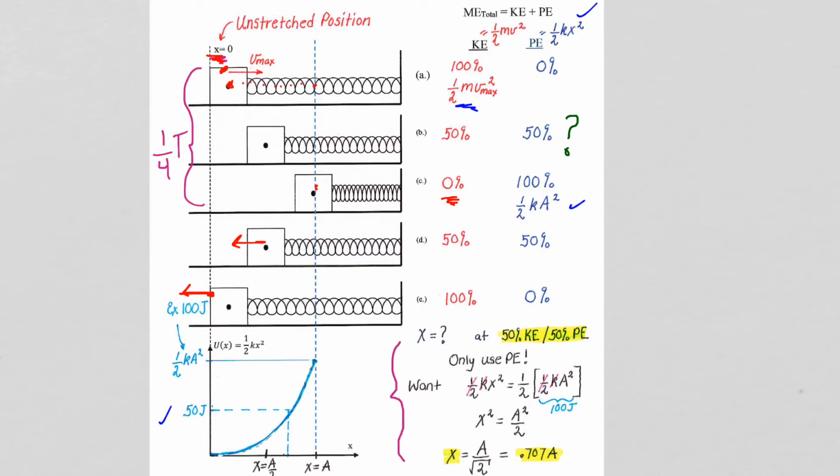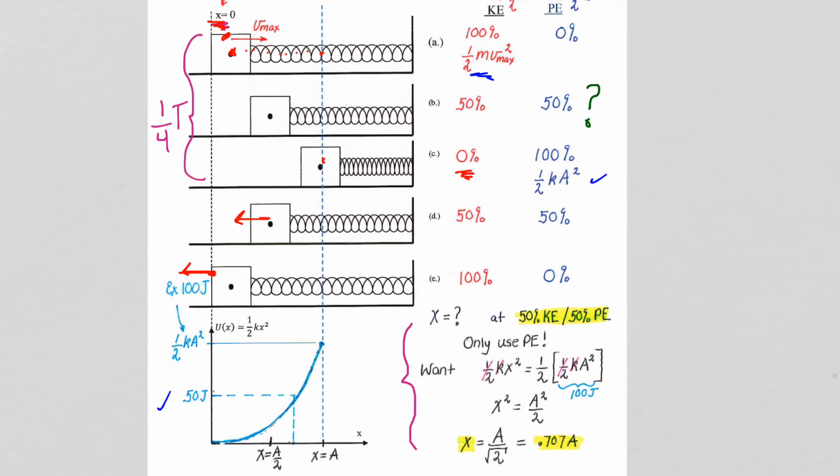So for that type of motion, the potential energy function goes with what we show here, right? No potential energy right at x equals 0, maximum potential energy at x equals a. Now, let's say that represented 100 joules.